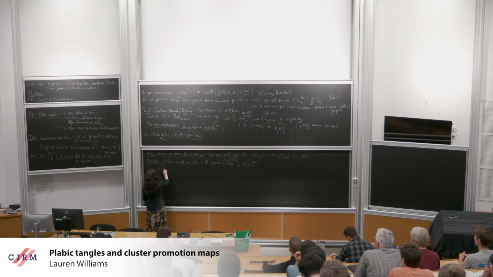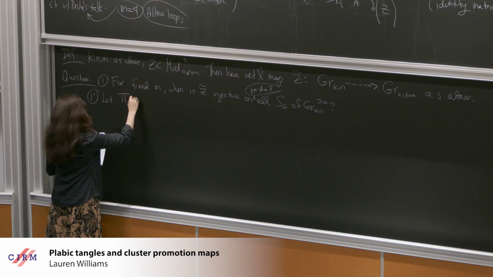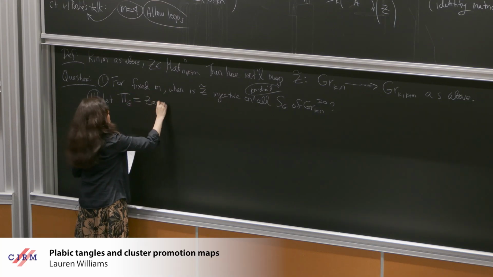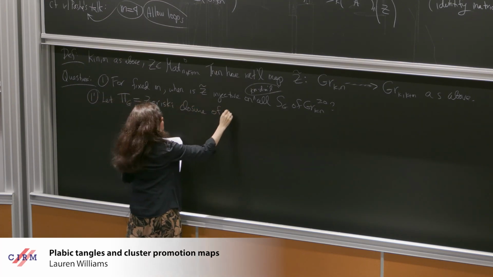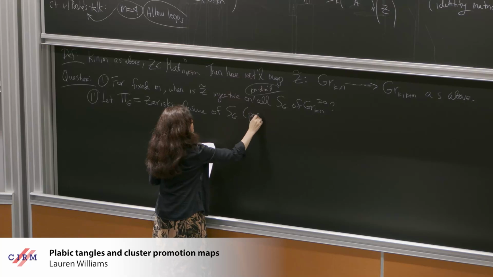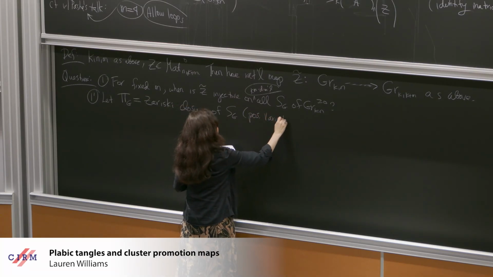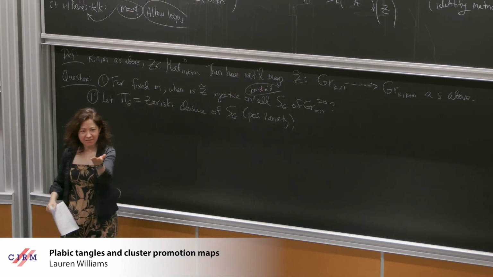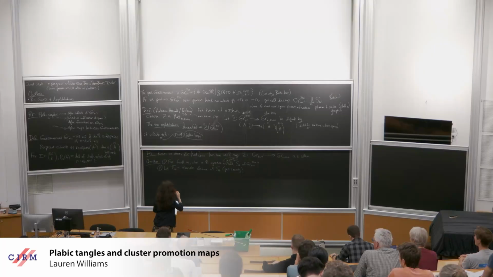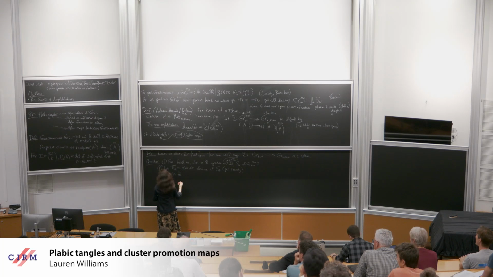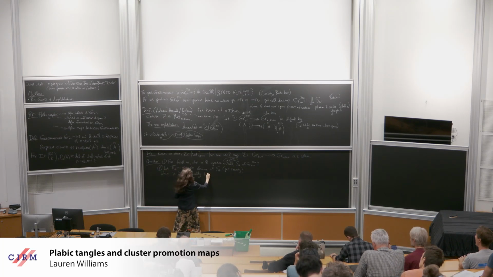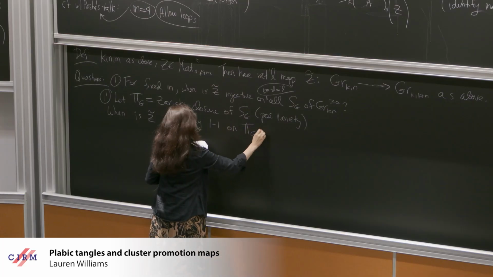Okay, so we can let pi g be the Zariski closure of S sub g. This is called the positroid variety and was studied in a nice paper of David with Allen and Thomas. And we can now ask in this setup, when is our amplituhedron map generically one-to-one on this positroid variety?